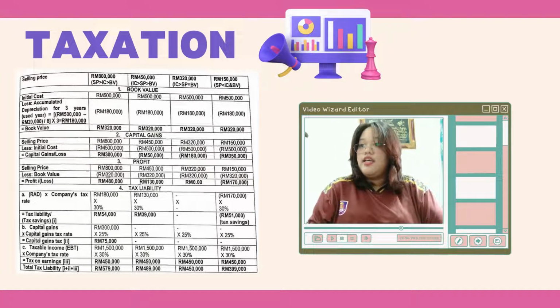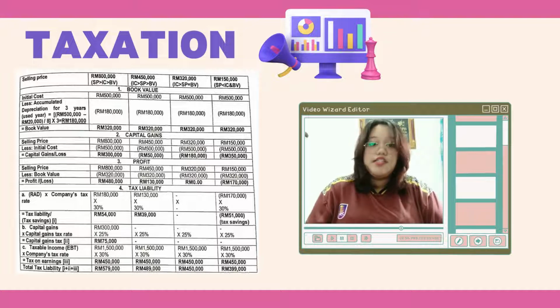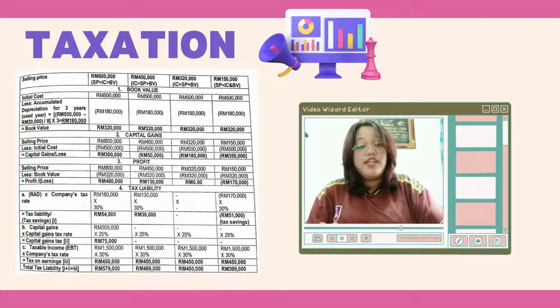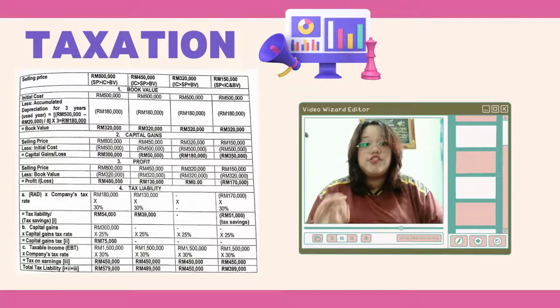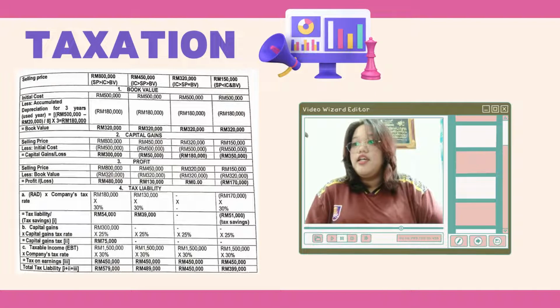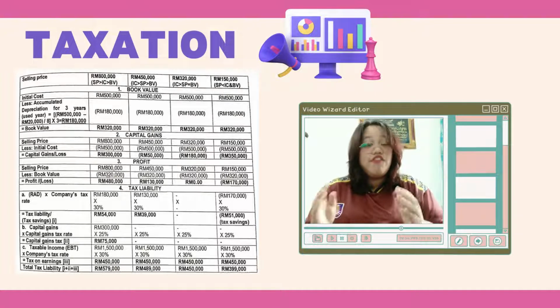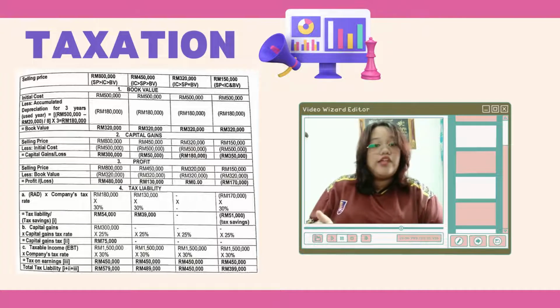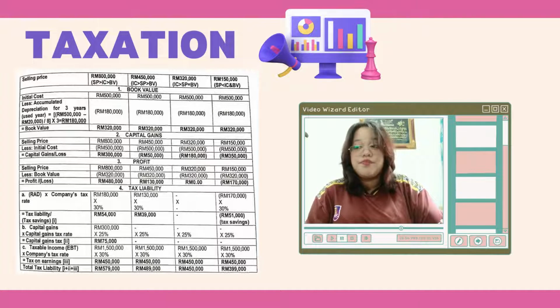Then for the accumulated depreciation, you have to calculate for 3 years. So the initial cost minus salvage value divided by 8 years of useful life, and then multiply it again by 3 years. The answer would be 180,000. So the book value is 500,000 minus 180,000, so the final book value is 320,000.